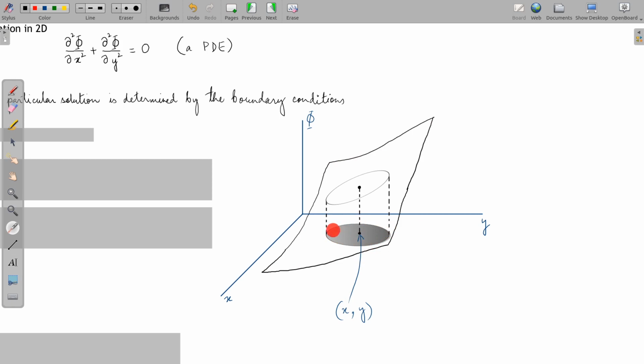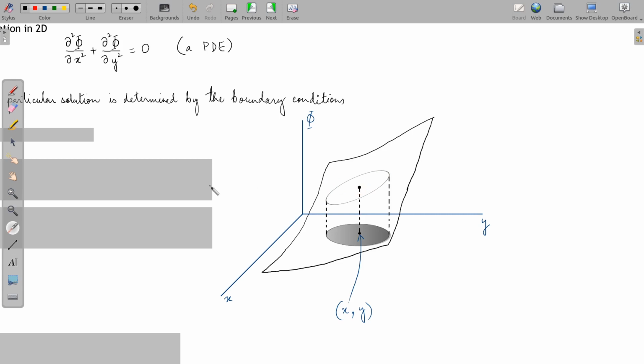We consider a circle of certain radius which surrounds this point x and y, and then we find the value of the potential at each and every point on this circle. Then all we need to do is find the average value of the potential on this circle. That average value is going to give us the value of the function over here.